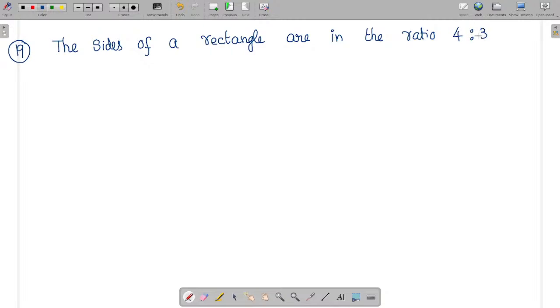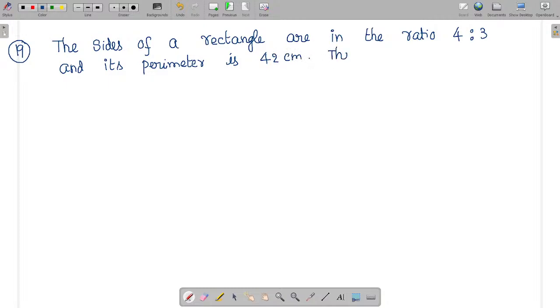Okay, tomorrow I will rectify it, don't worry. 4:3. And its perimeter is 42 centimeters.